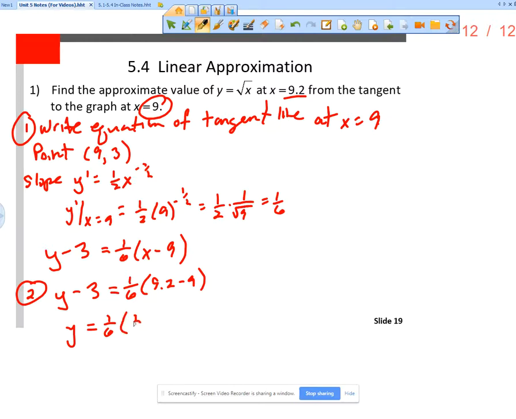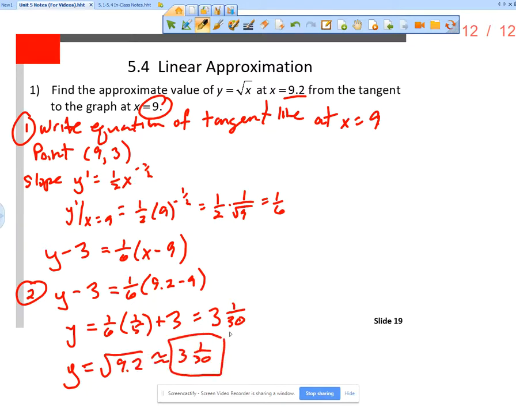So I have 1/6 times 1/5 plus 3. 1/6 times 1/5 is 1/30th. So 3 and 1/30th is the value of y. That is the approximation of the square root. So the square root of 9.2 is approximately 3 and 1/30th. That is what we are doing.